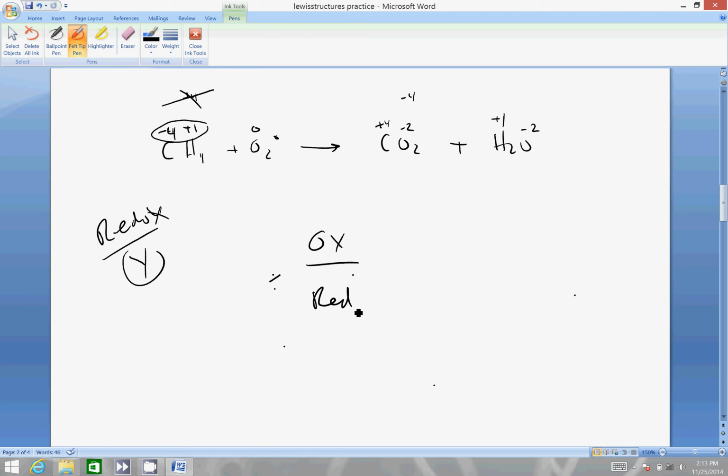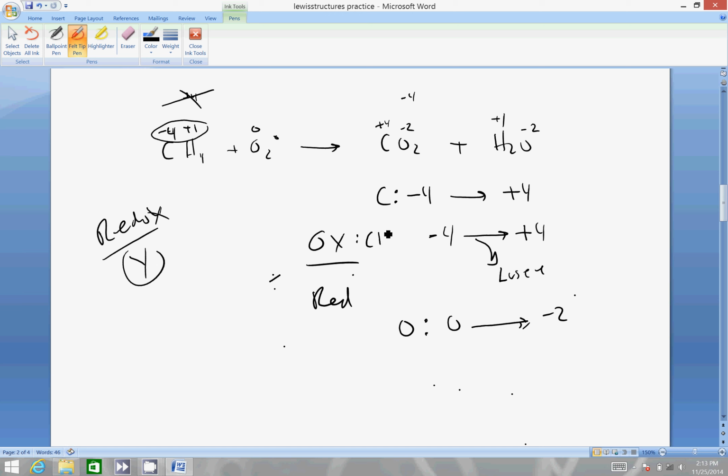Well, in this case, we have the carbon goes from a -4 to a +4, and the oxygen is going from a 0 to a -2. So someone's gaining electrons, someone's losing. So going from a -4 to a +4, I would have to lose electrons. So the carbon is being oxidized.